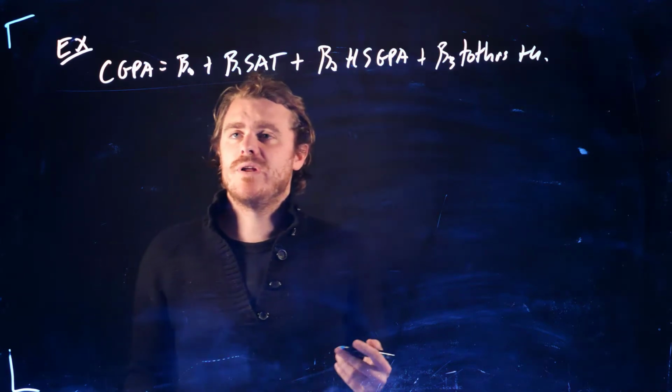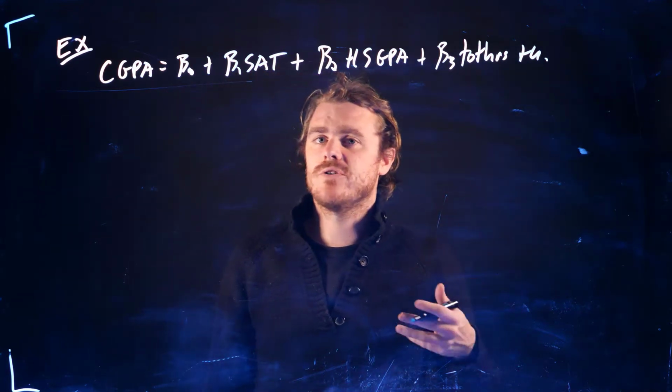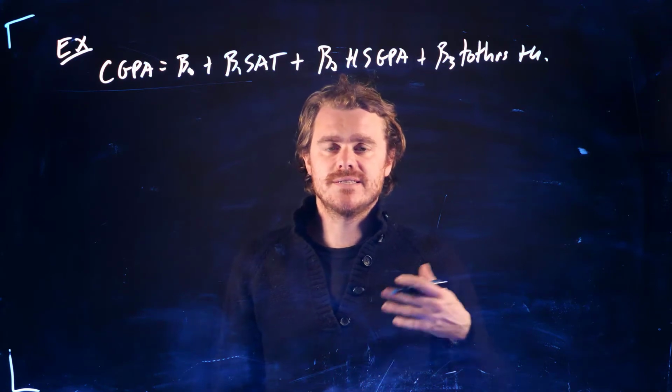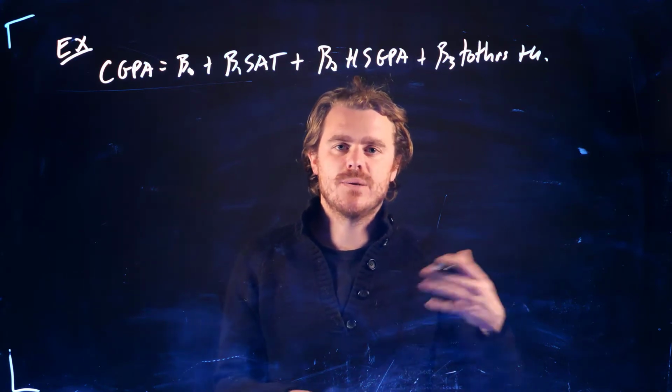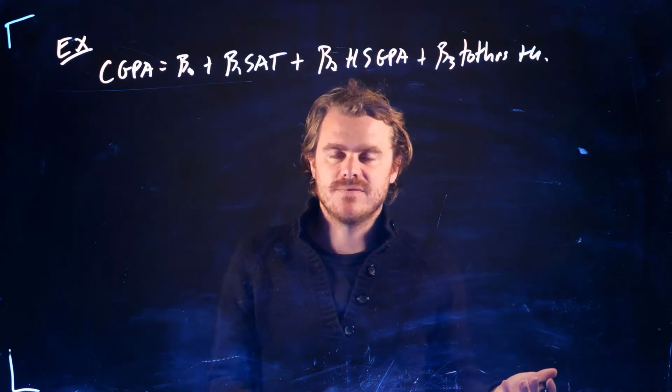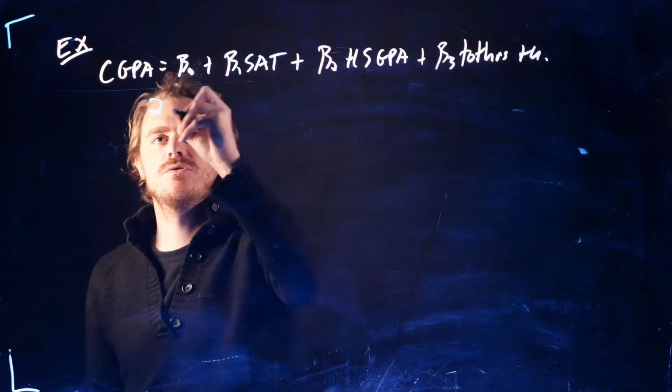And maybe we want to test whether this regression function is the same if we have two different groups: someone who identifies as female and someone who doesn't identify as female. Let's say we have two groups.